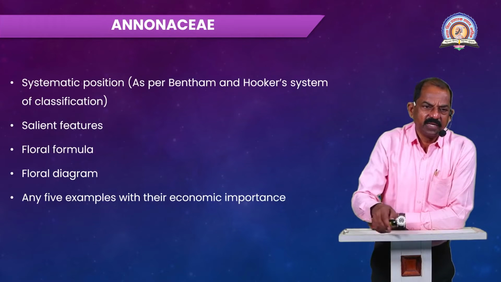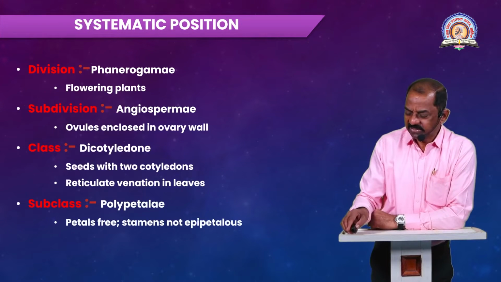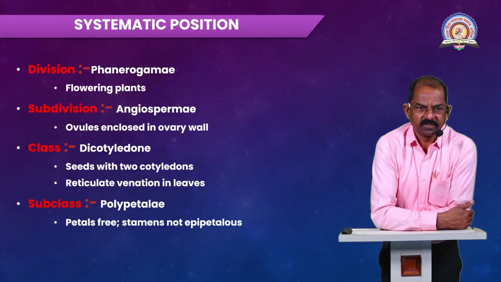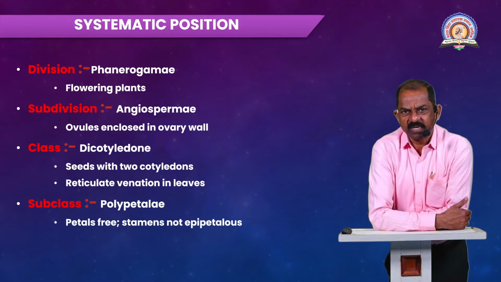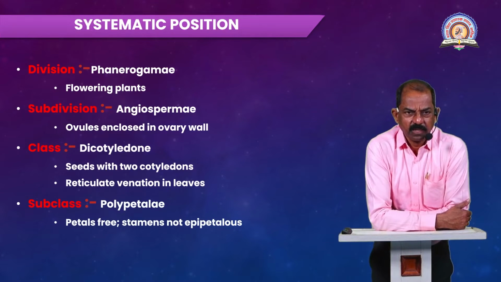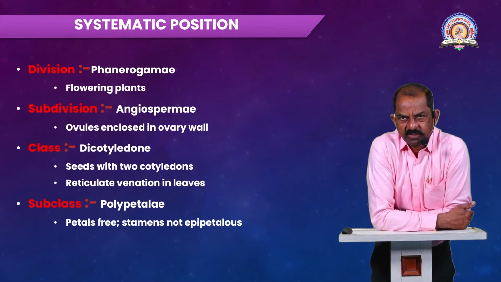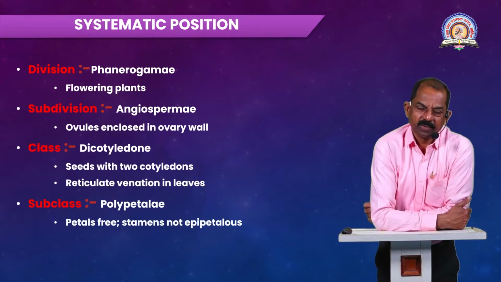Then the first point related to the family Annonaceae is the systematic position. With reference to Bentham and Hooker, the family Annonaceae is classified under the division Phanerogams. Yes, Phanerogams, simply a flowering plants.